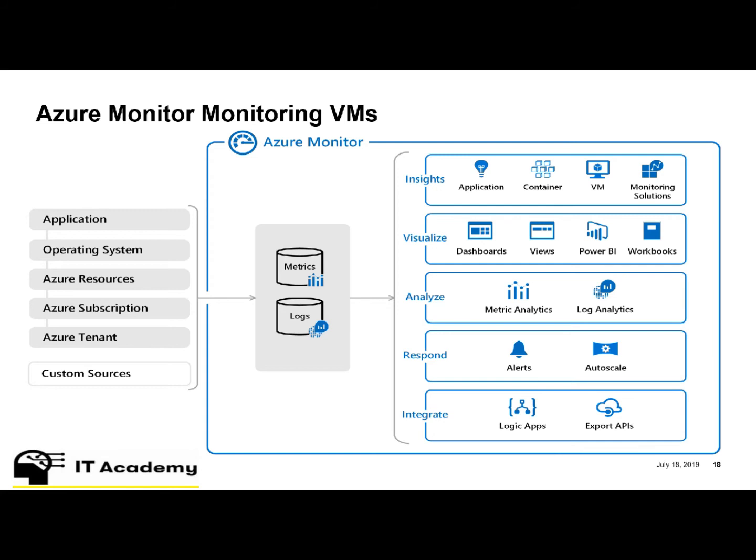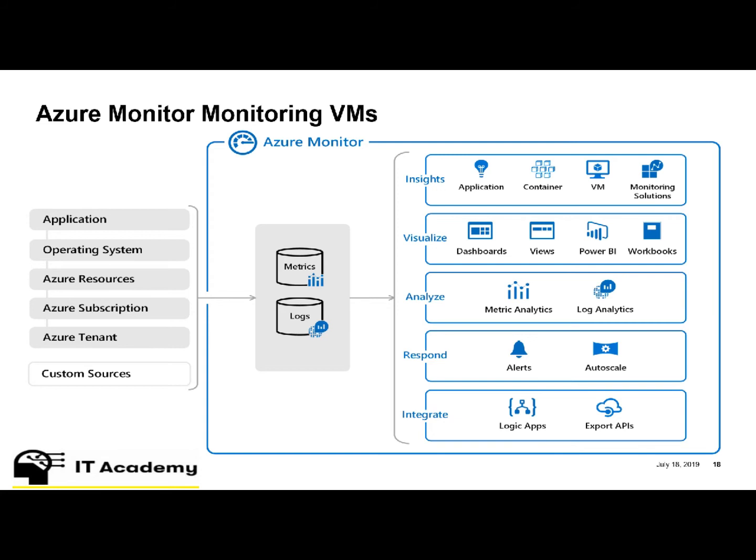So, built into Azure, there is a systems management and monitoring tool called Azure Monitor. What Azure Monitor does for us is it takes a look at the health of the application, the operating system, the Azure resources that the virtual machine is built on, like its virtual network and its virtual hard drive. It takes into account the health of the subscription, the tenant and the Azure regions. We can also bring in custom sources into Azure.